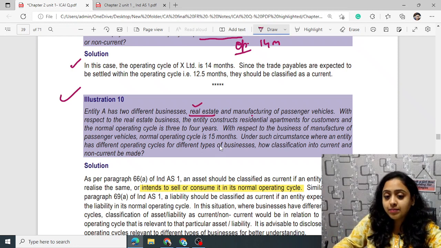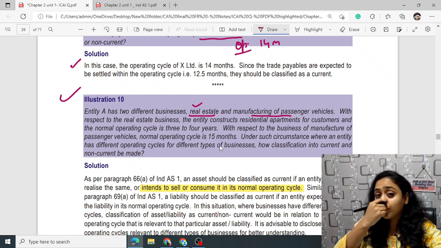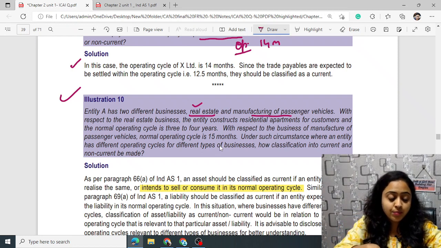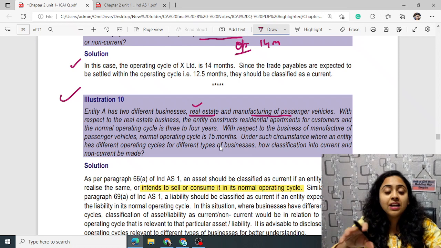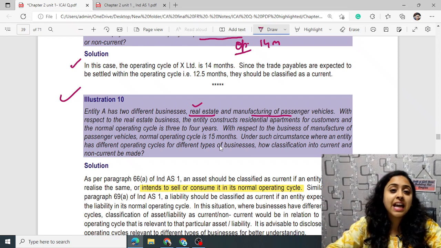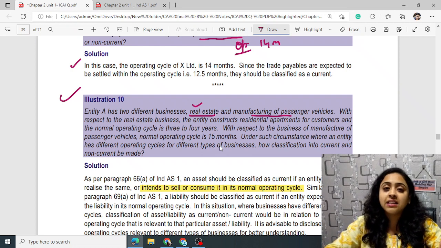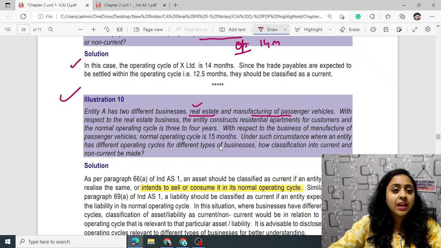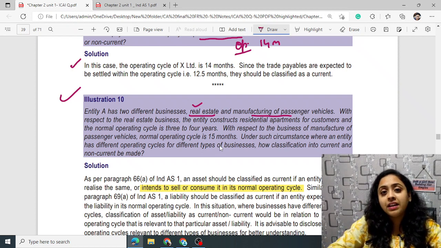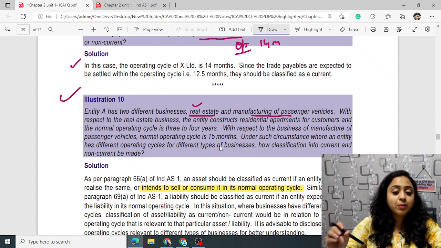Okay, so if there is diversification in the business, with different lines of operation, then the assets and liabilities for each line of business can be calculated on a different basis. One can take a liquidity basis, the other can take an asset basis. So the calculation basis can be different, the presentation basis can be different.